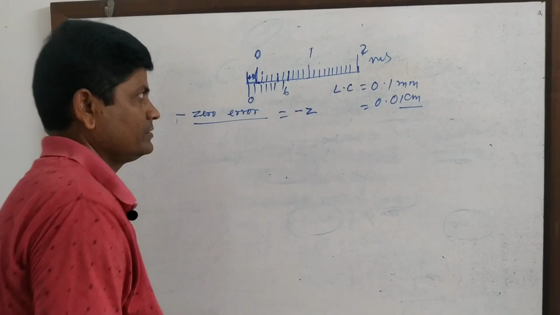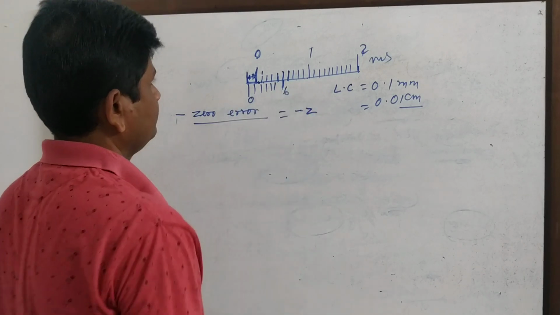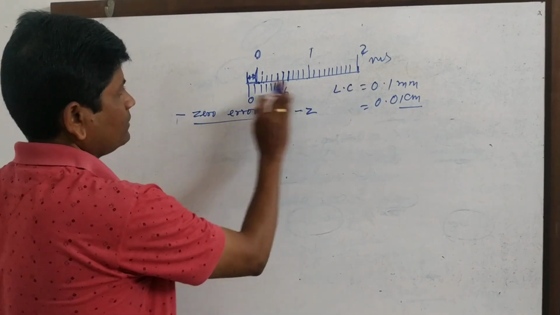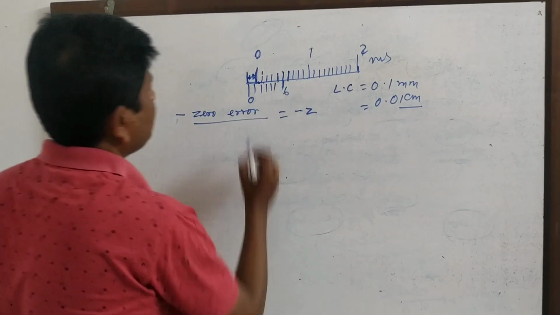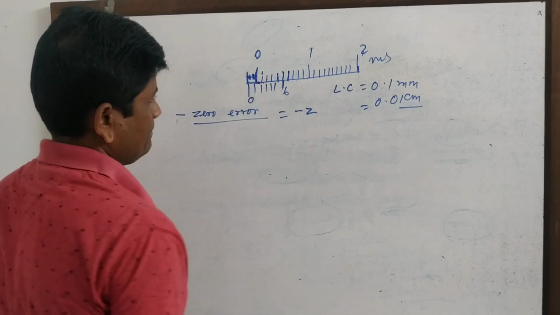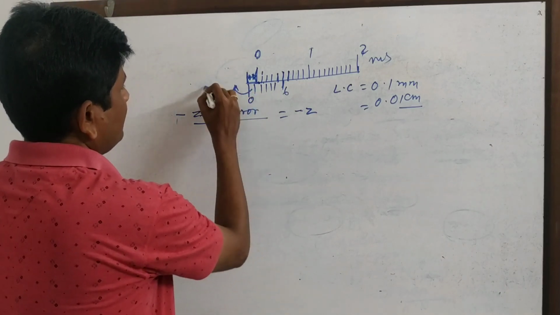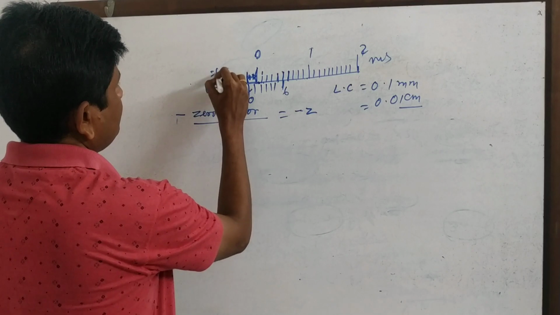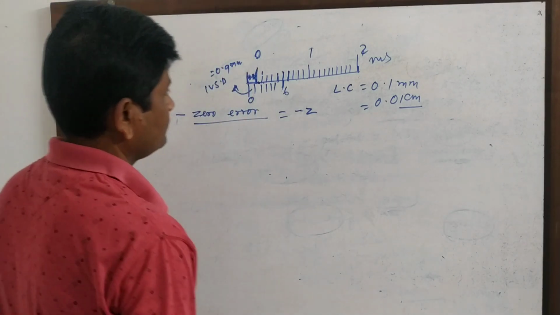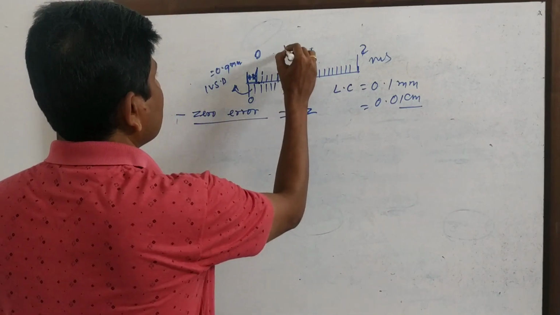The sixth division exactly coincides with a main scale mark. In that case, this much of the distance will be, we know that 1 VSD here is equal to 0.9 mm, and 1 MSD here is 1 mm.